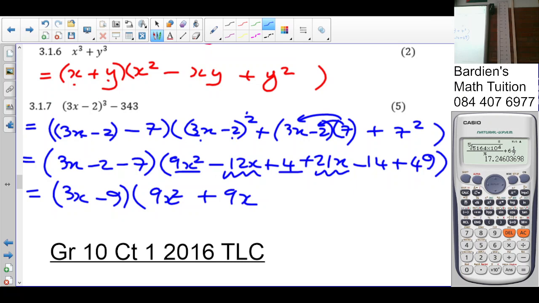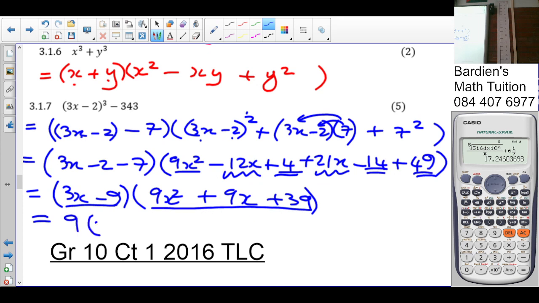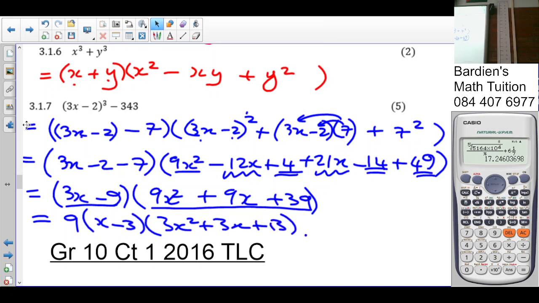Now negative 14 is negative 10, positive 39. As you can see, the first 3 is common and the second 3 is common. That 3 times 3 is 9 into x minus 3, 3x squared plus 3x plus 30.